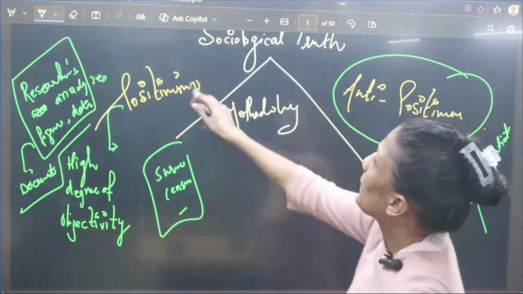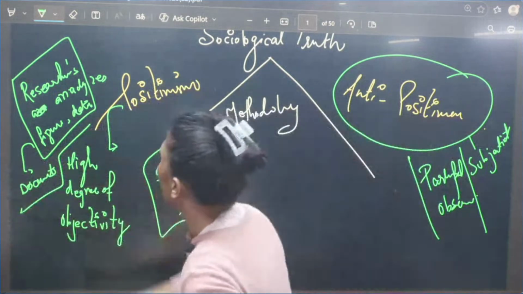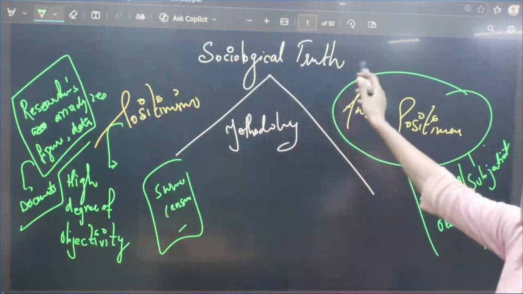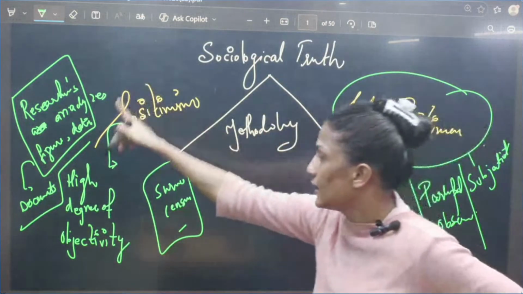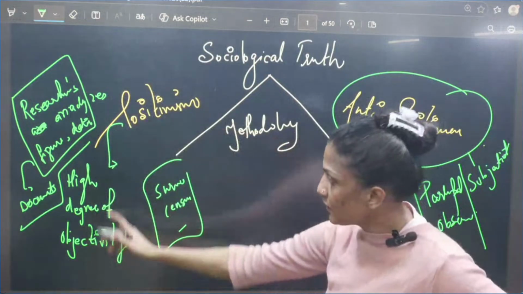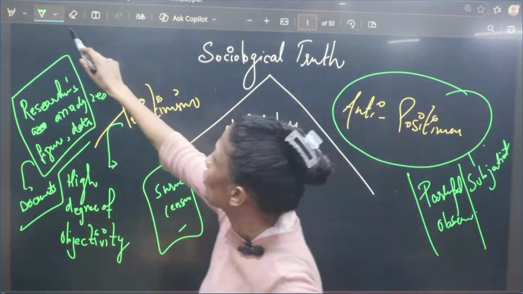Methodology, you will write quickly, and also you would make this chart, guys: positivism, anti-positivism. Focus here, guys. Positivism, anti-positivism methodology: here it is quantitative, somewhere you people have to write quantitative also.